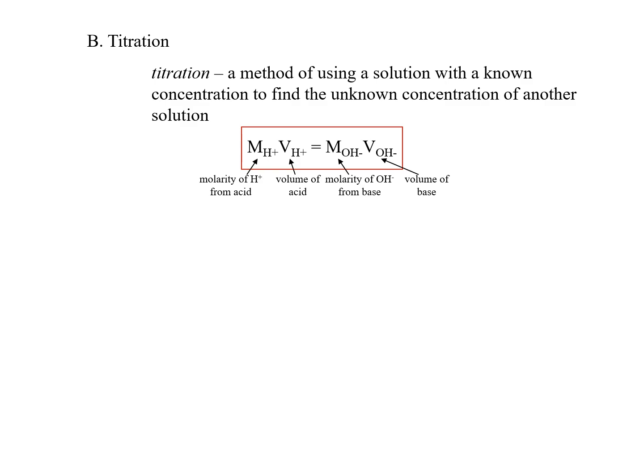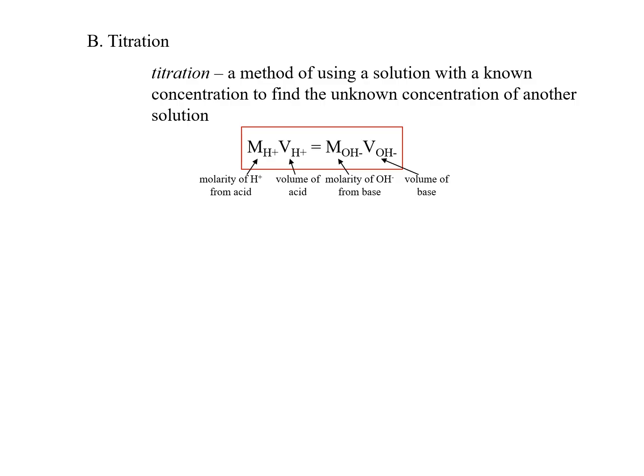Now, I want to make something clear here. Notice I didn't say MA for acid, I said M H+ and V H+ and M OH- and V OH-. And the reason I did that is because I want you to realize that when we talk about the molarity of an acid, we're talking about how many H positives there are.